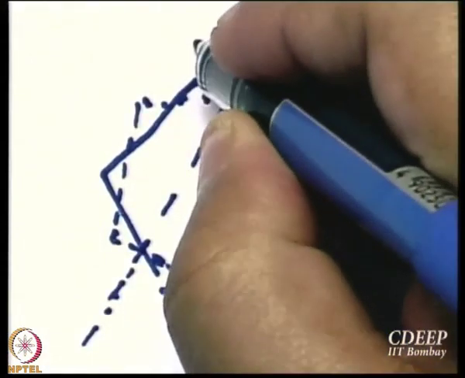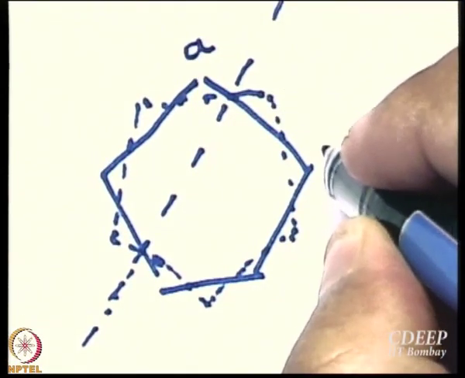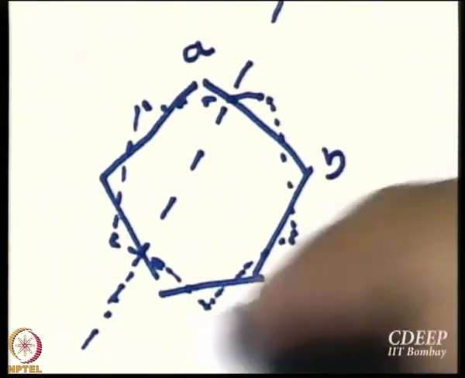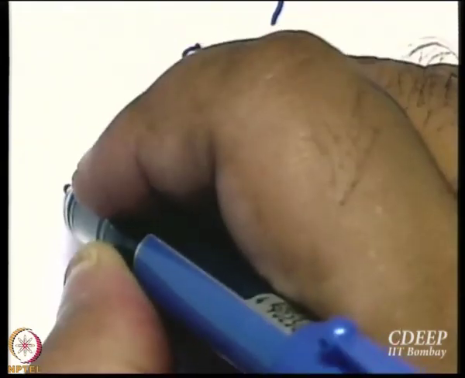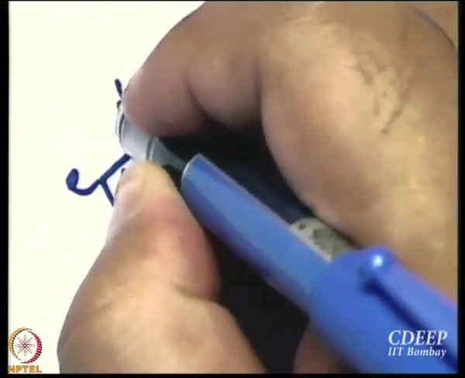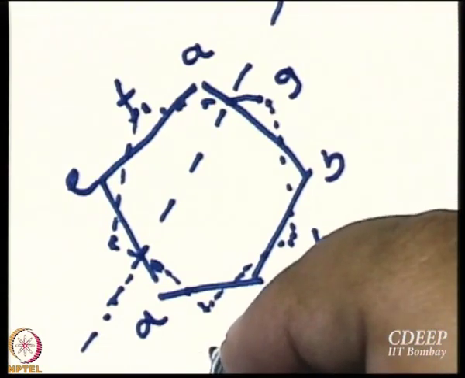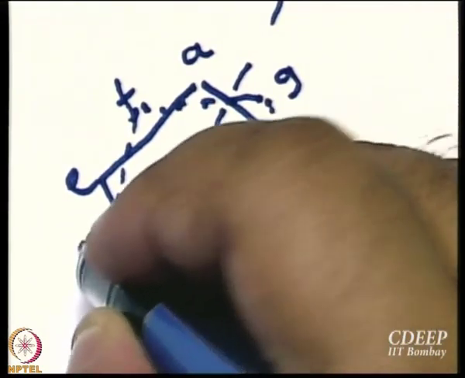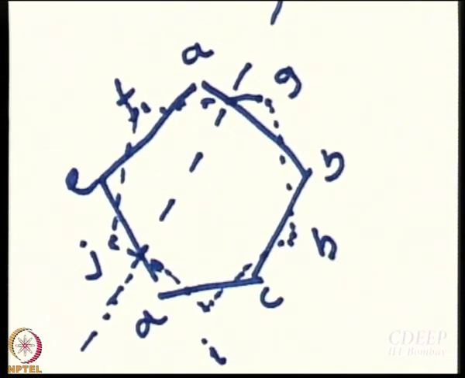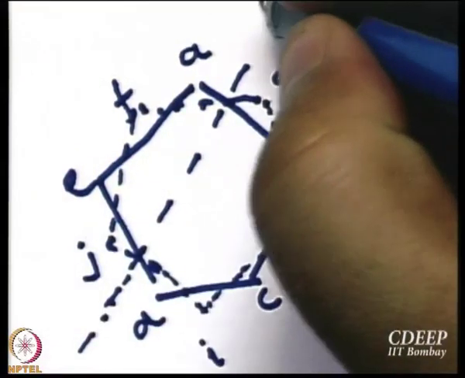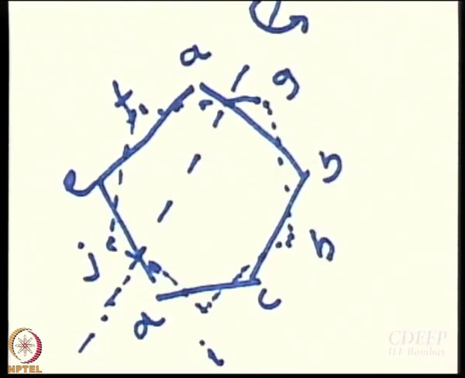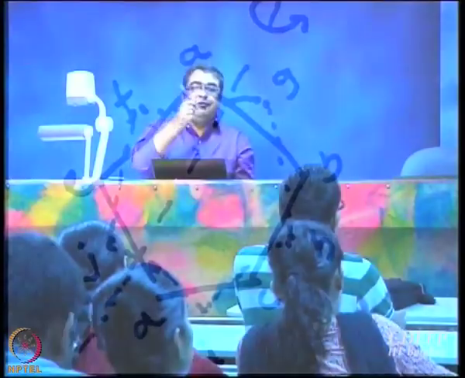Let us name them A, B, C, D, E, F, G, H, I, J. I hope you can read that. Now see, when I turn with respect to this axis, don't forget where the axis is. The axis is equidistant from the two rings. It goes right through the ferrous ion and it is perpendicular to the C5 axis.